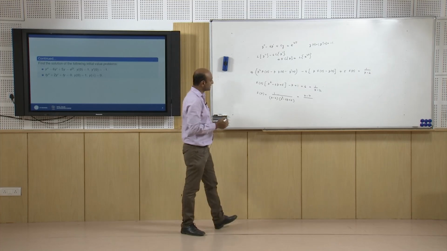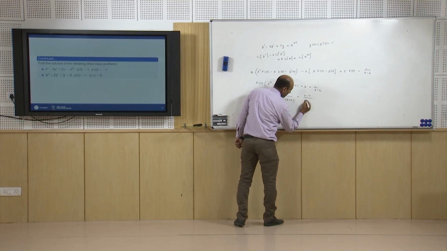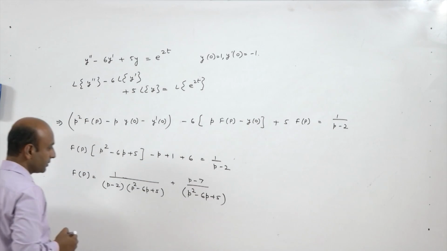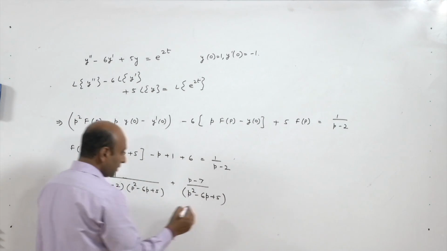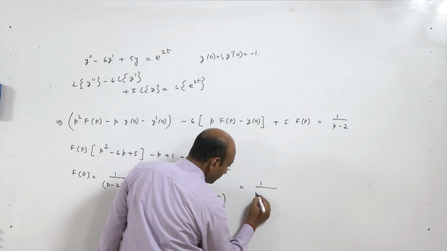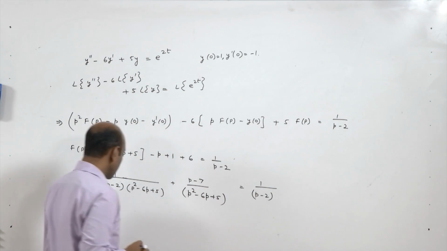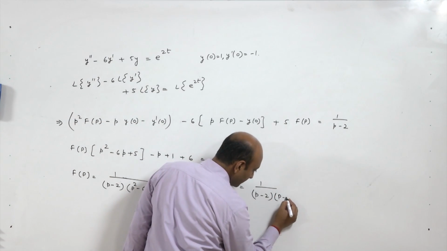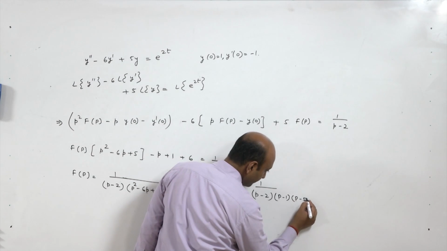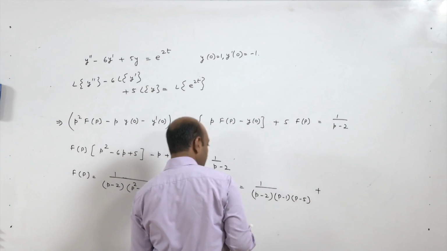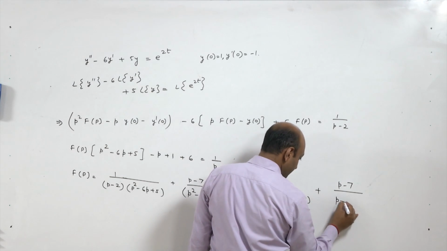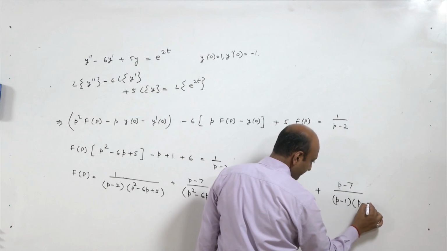So, it is p minus 7 upon p square minus 6 p plus 5. So, it is nothing but 1 upon p minus 2 into, it is nothing but 5 and 1, so p minus 1 into p minus 5, plus p minus 7 upon p minus 1 into p minus 5.